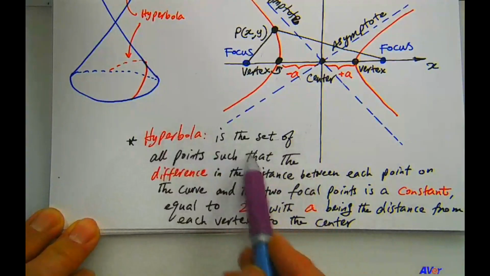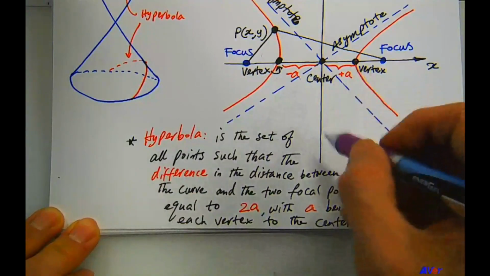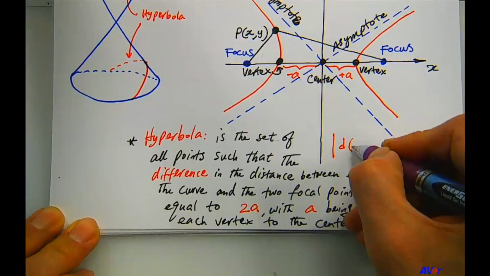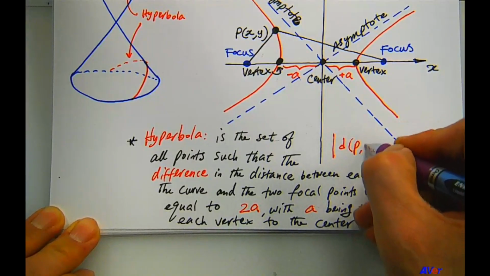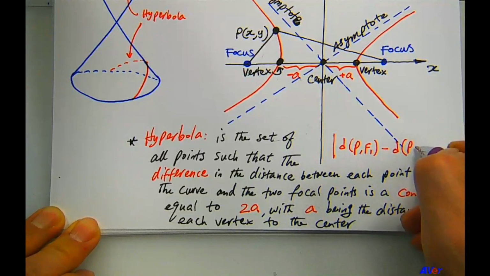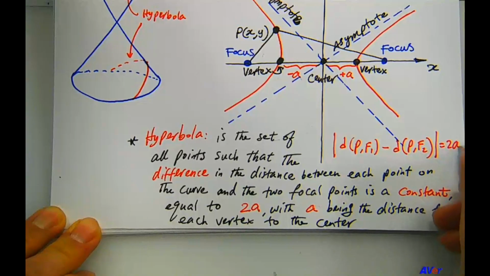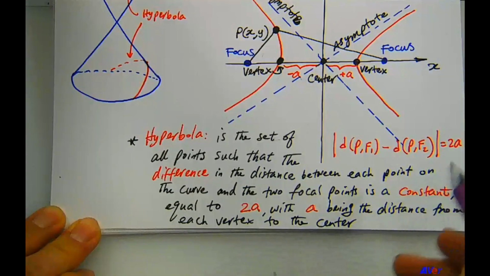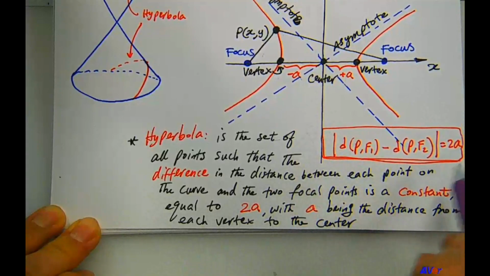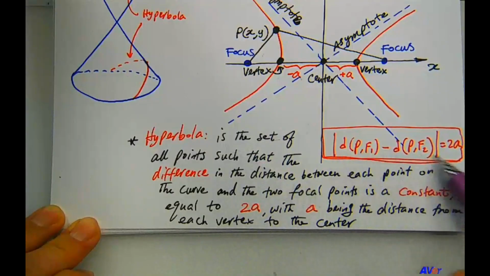This is saying what a hyperbola is in words, in plain English, but symbolically this would be the absolute value of the difference between the distance from the point to one of the focal points and the distance from the point to the second focal point. That difference is always equal to 2a. Okay, so what I've boxed here is saying exactly what you read here, but in symbolic form.